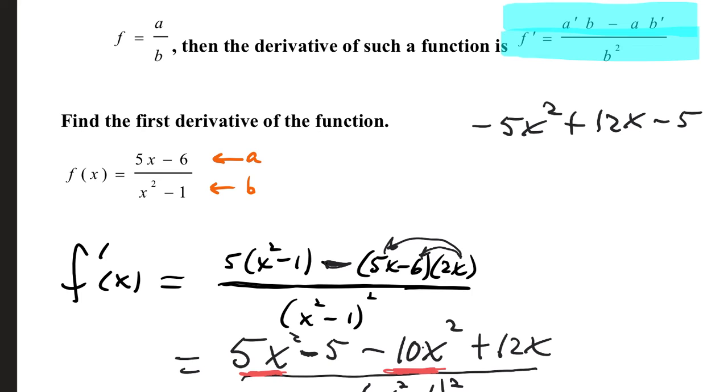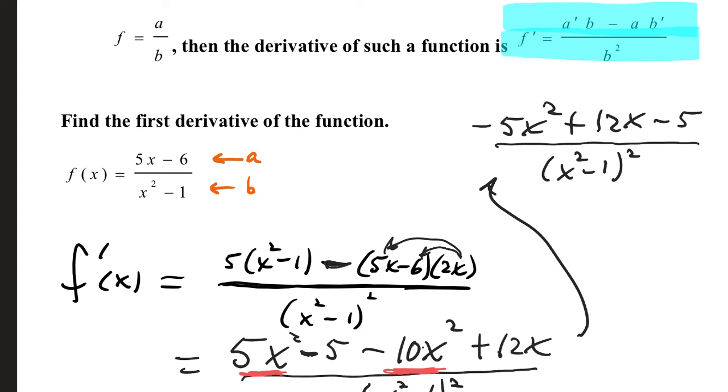And then we have our denominator squared. If you wanted to write that out, x squared minus 1 times another x squared minus 1, feel free to do that. I'm just going to leave it grouped and squared. And that is plenty good enough.